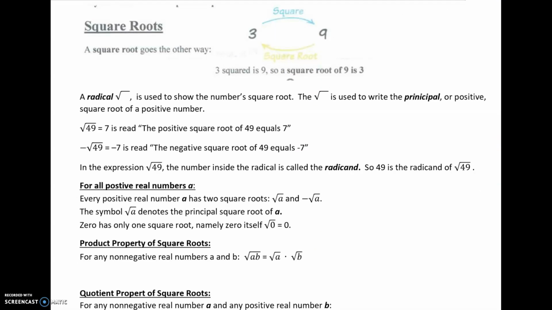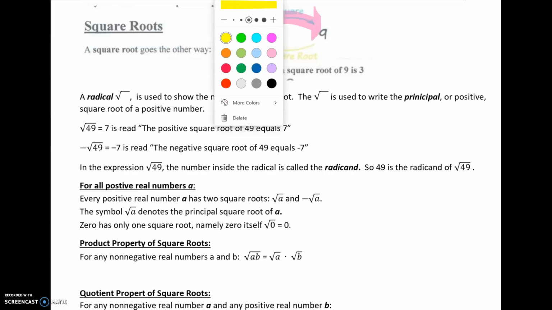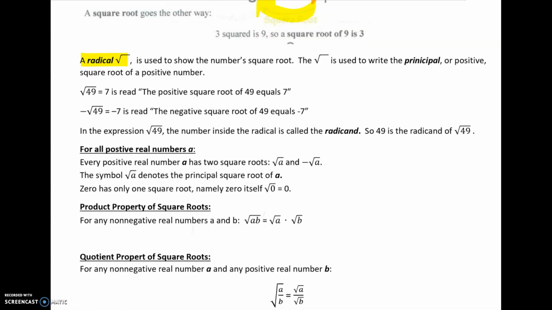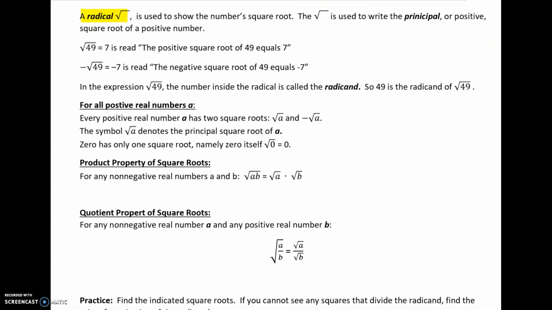Okay, I think you're on the next page now, and it says square roots. It goes the other way. So 3 squared meant 3 times 3 is 9, but the square root of 9 means it equals 3. A radical with this symbol is used to show a number's square root. The radical is used to write the principal or positive square root of a positive number. The square root of 49 equals 7 is read the positive square root of 49 equals 7.